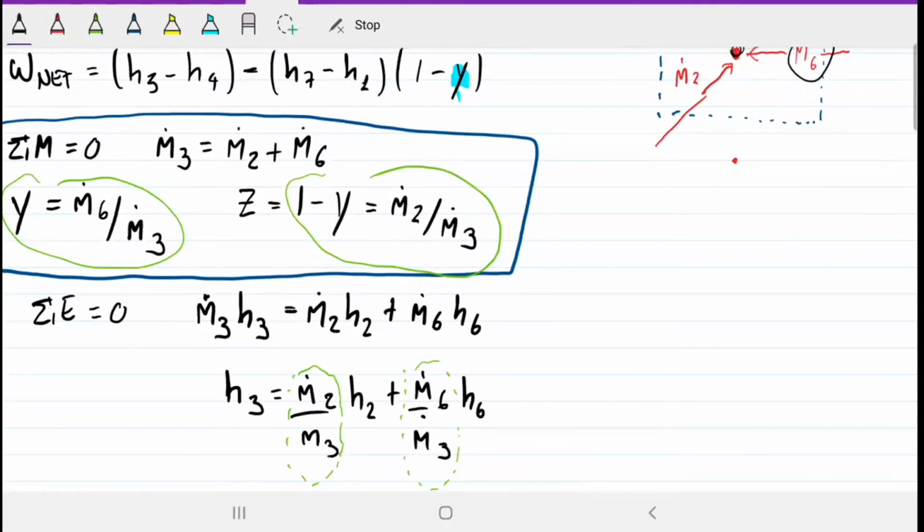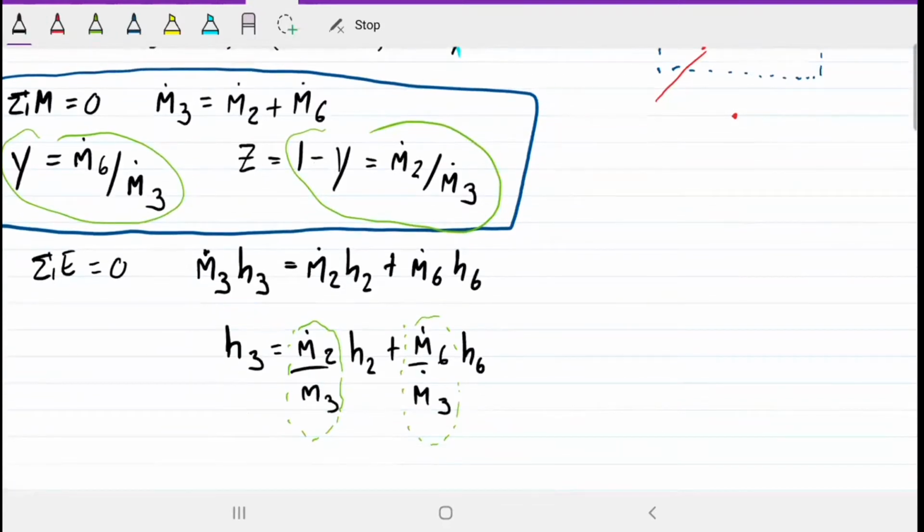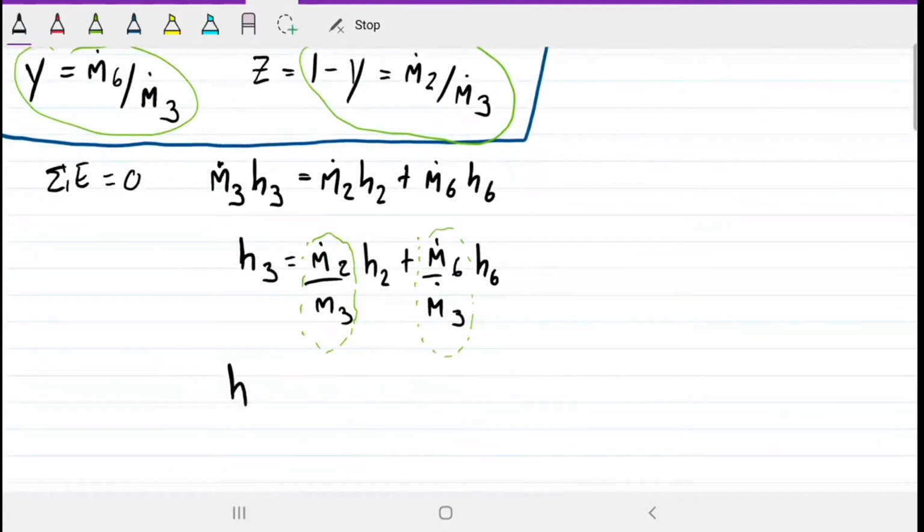So this equation here can be rewritten as H3 equals (1 minus y) times H2 plus y times H6. And now the only unknown in this equation is y. All the enthalpies we know already, so we can solve this for y.